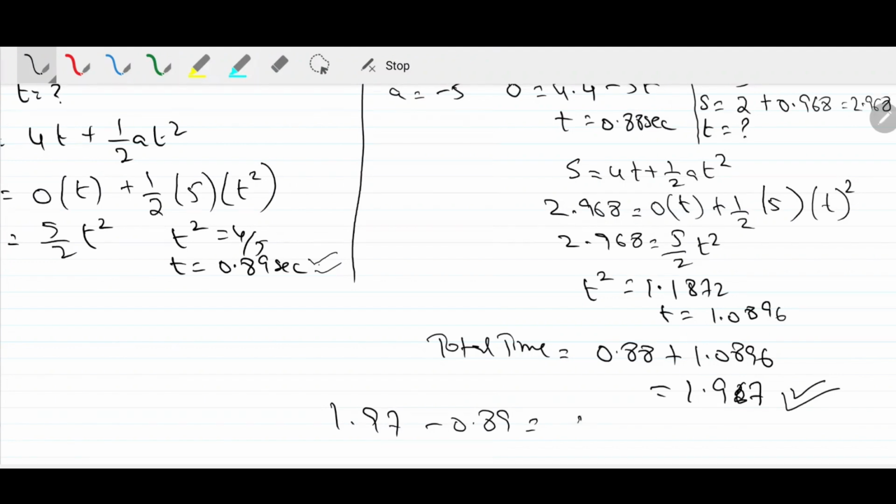So 1.97 minus 0.89, the final answer is 1.08 seconds.